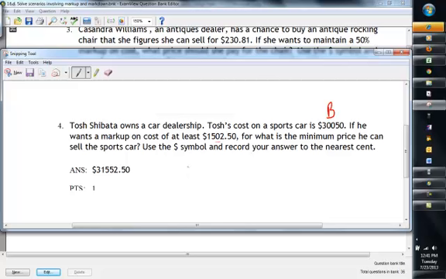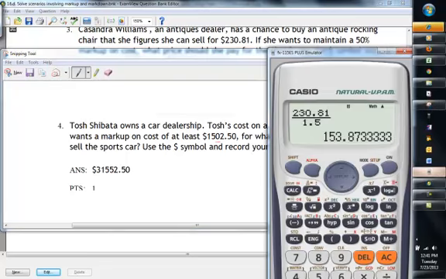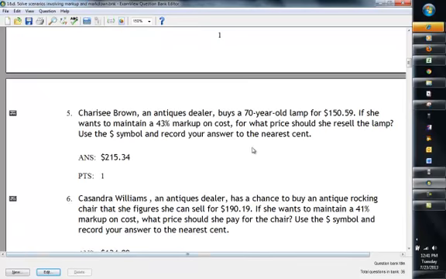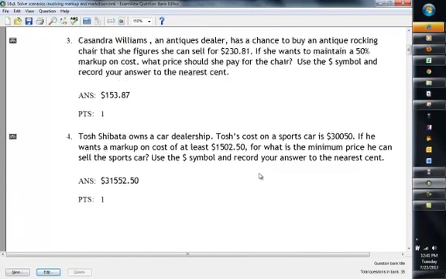So we'll just add those two together. $30,050 plus $1,502.50 is $31,552.50.